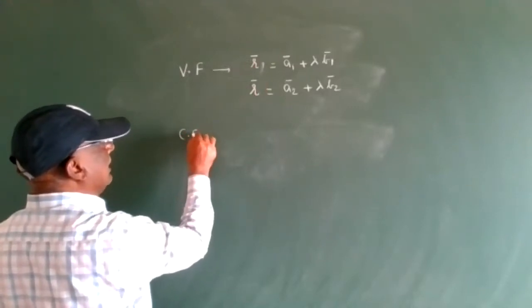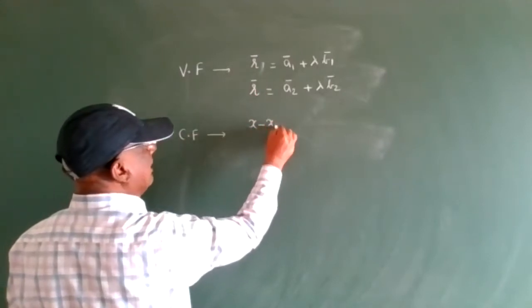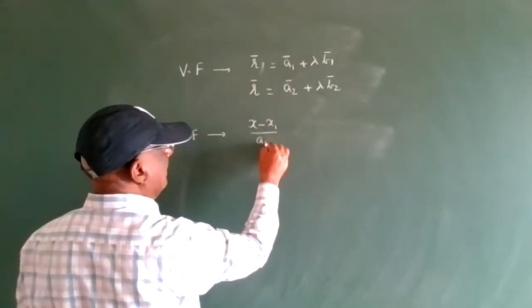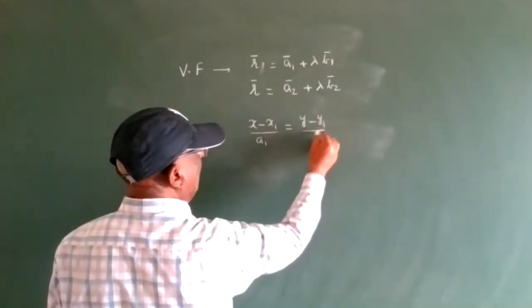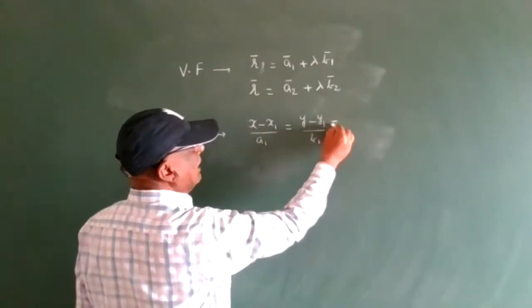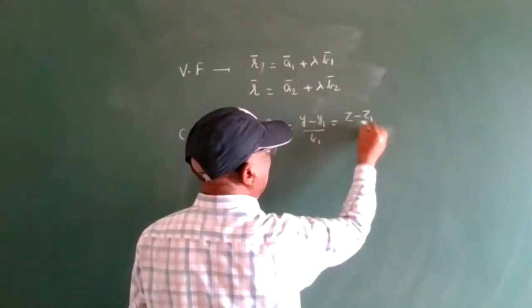Cartesian form of the first equation is (x minus x1) by a1 equals (y minus y1) by b1 equals (z minus z1) by c1.